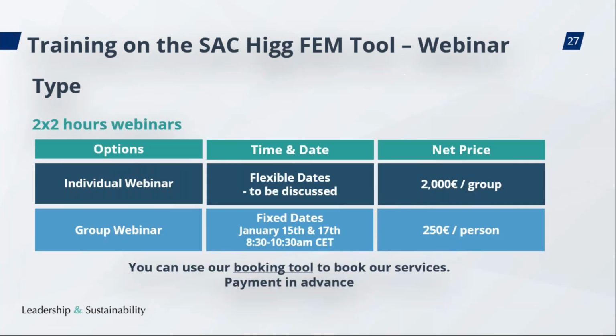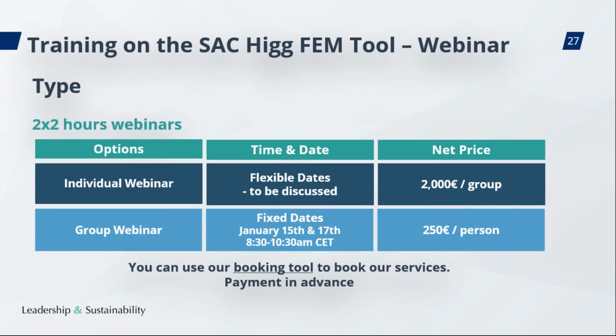We have also decided to offer webinars. We have individual webinars, also with a group or a factory. But we have also decided that we will conduct 2 webinars, 2 times 2 hours in January, on January 15th and 17th, at 8:30 to 10:30.